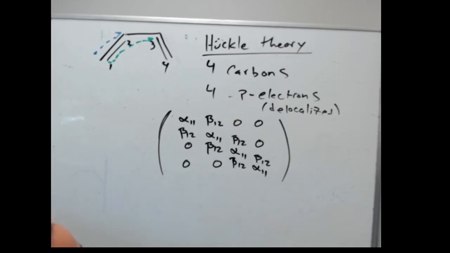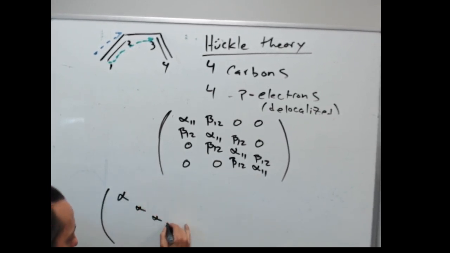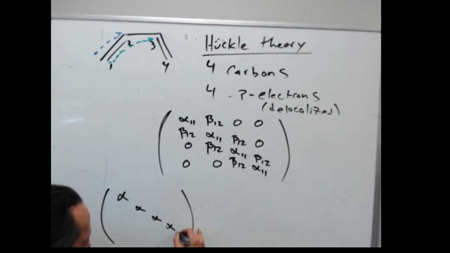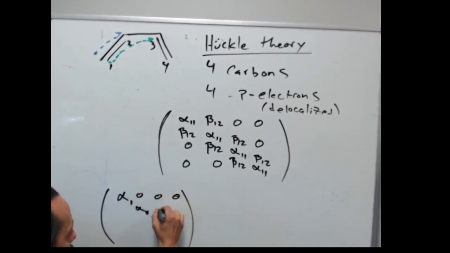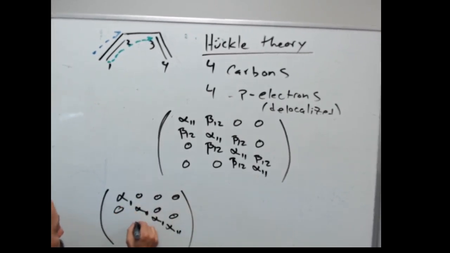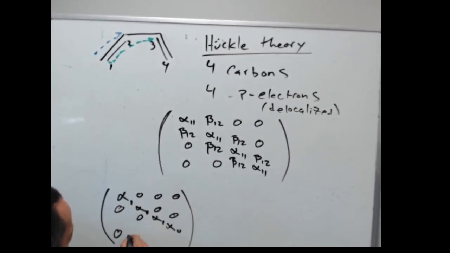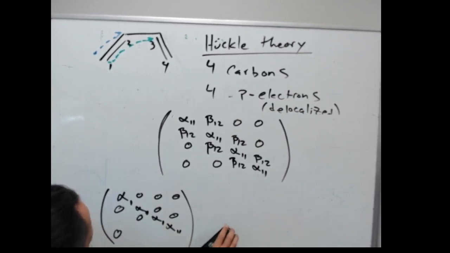So the first thing you can do is you can split this, instead of having it as one matrix, we can do it as if two matrices are added together. So you can have a matrix that's alpha, alpha, alpha, alpha. Right, and when we get used to dealing with matrices, oh, I missed a lot of zeros.